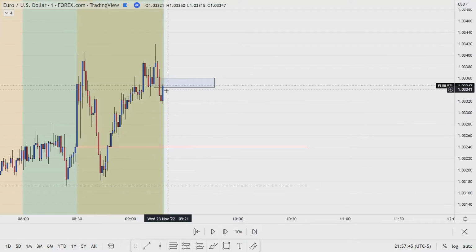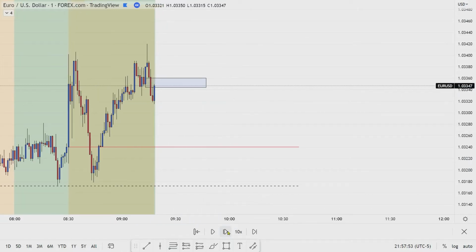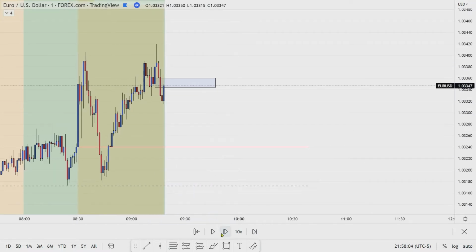So this already looks like a good setup, but because of time, because it hasn't reached 9:30 yet, I would most likely wait. So we're gonna wait and see how it plays out. Maybe once 9:30 hits, we get another setup for a sell. But for now, it's too risky for the volatility that could potentially come in.